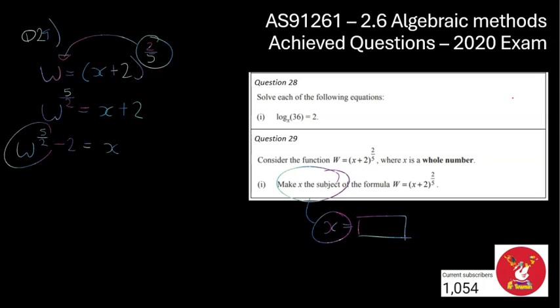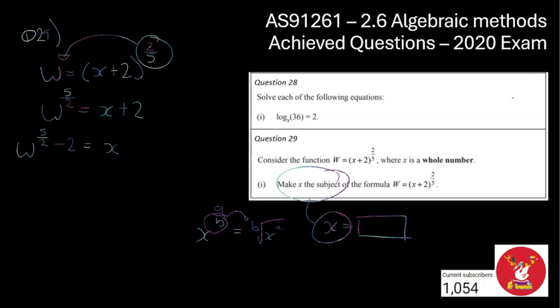My final step is that fractional powers aren't normally considered that simplified. So I'm going to switch this over to root form, and here's a little formula to help you remember what to do. x to the power of a over b is equal to the b-th root of x to the power of a. Hopefully you can see what I've done there. The denominator sits as the root sign, and a becomes the power of whatever's inside.